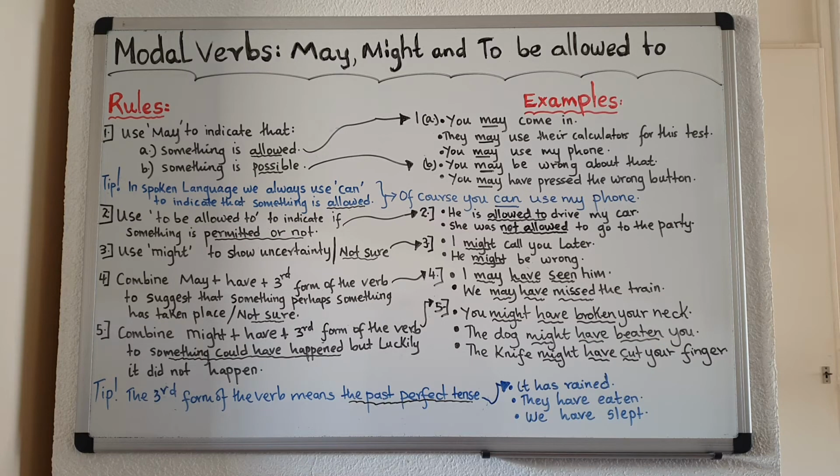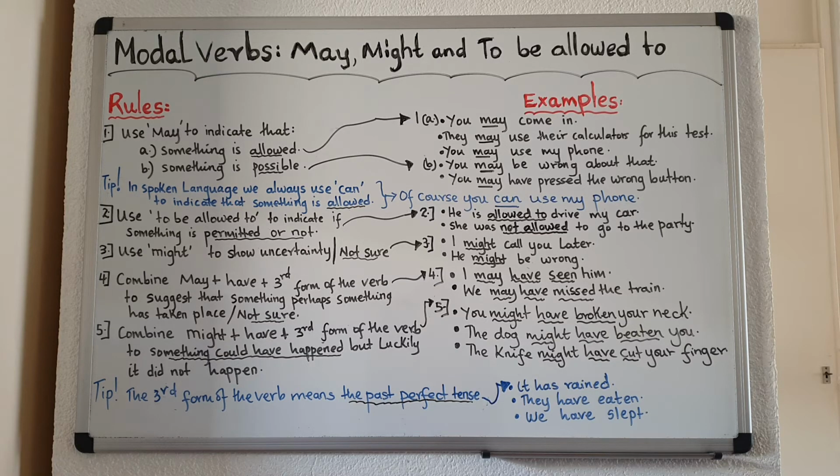You may use my phone. So it means that I'm allowing you to use my phone. You're allowed to use my phone. So all these 3 examples use may to show that somebody is allowed to do something.